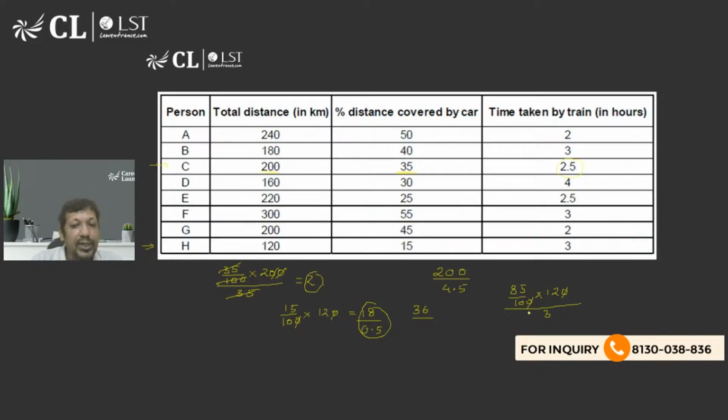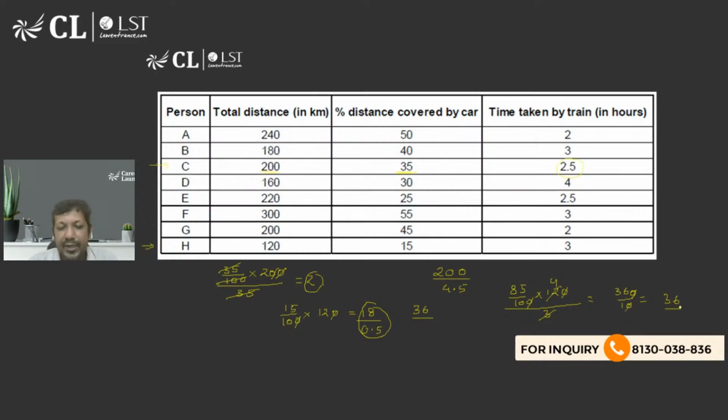Speed of the train is total distance upon time, which is going to give us the speed. So now it comes out to be 4. Now 320, 360 by 10. So that comes out to be what? That is going to be 36.